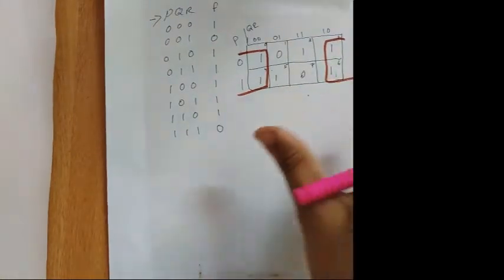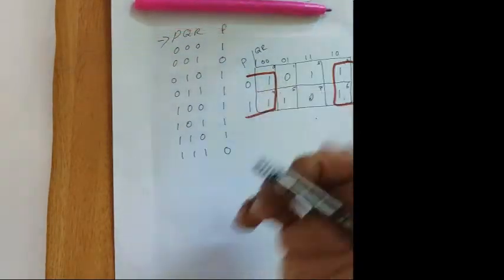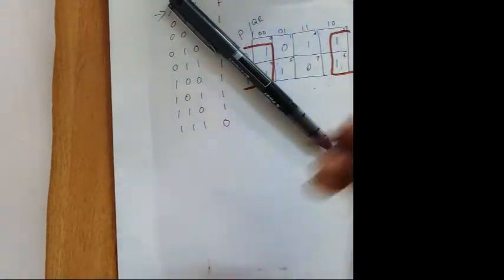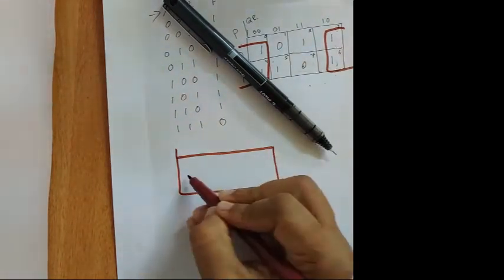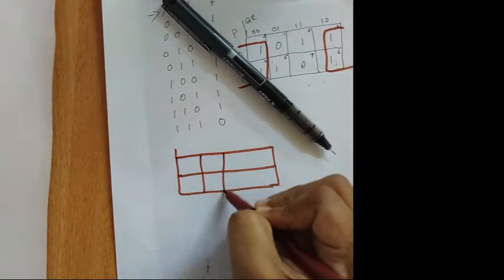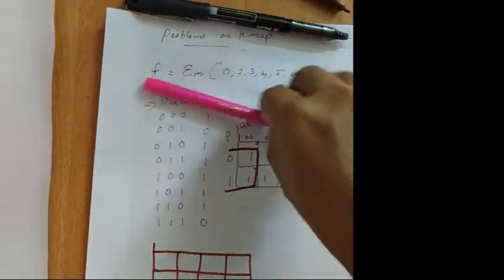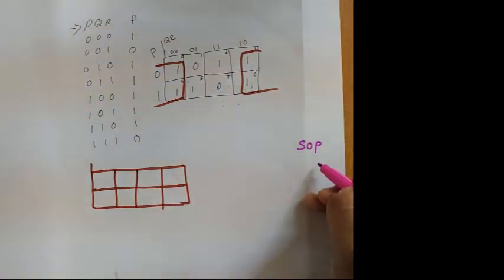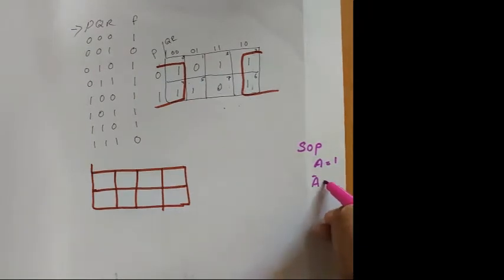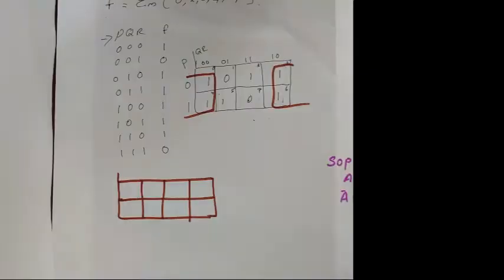For writing the expression, look, if this is your 3-bit K-map, you can write in SOP form. In SOP form, we represent A equal to 1 and A bar equal to 0, isn't it? So how can you write this table?